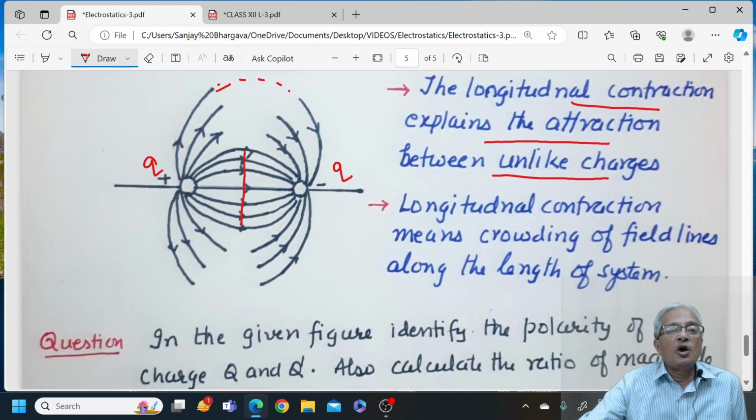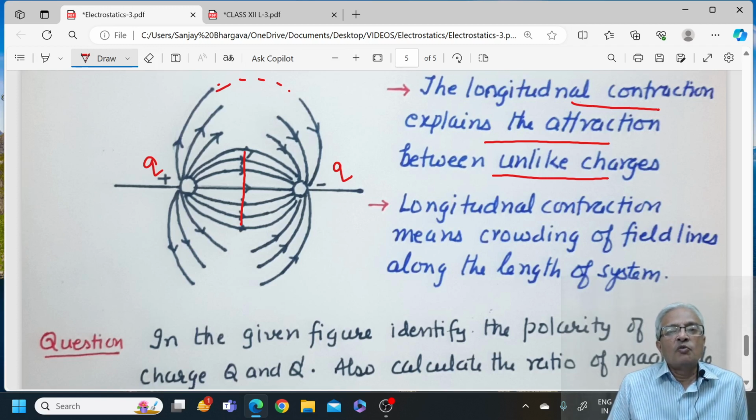So here all the field lines are supposed to crowd or come nearer with respect to the axis of the system, and that is called longitudinal contraction, which is responsible for explaining the attraction between two unlike charges.